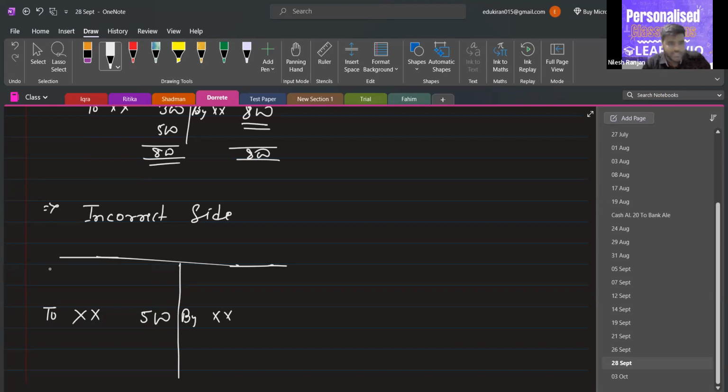So let's say there is an opening balance of 5,000. And if we have written the amount 500 correctly, how much will our balance be? 5,500? If we have written it correctly, then the 500 will be on the credit side.